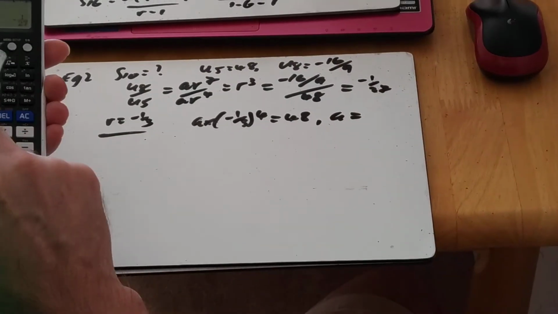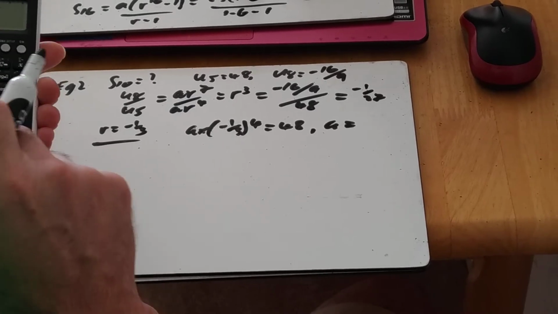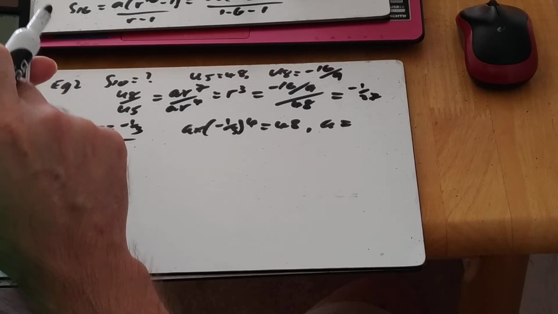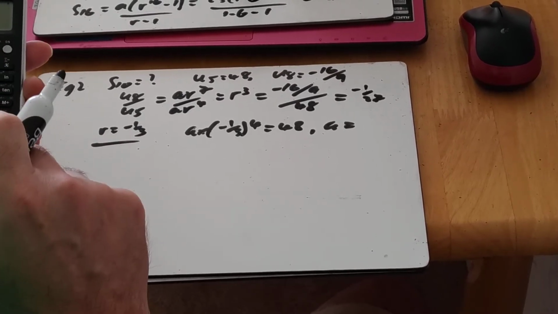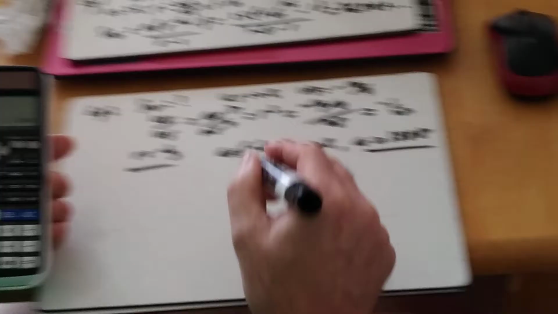So a will equal 48 divided by bracket minus 1 divided by 3 to the power 4, which is 3888. Now I've got what r is, now I've got a.